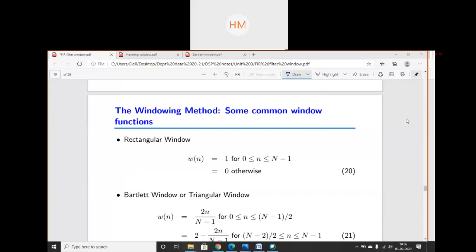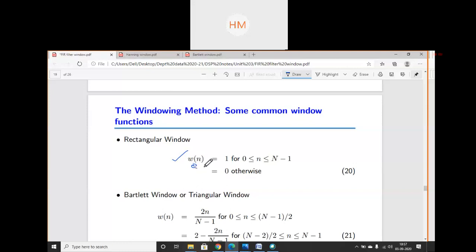The weighting function for the rectangular window is given by this equation: w of n, or you can write a subscript capital R over here. In some standard books, capital R is written over here. Means w_R of n.